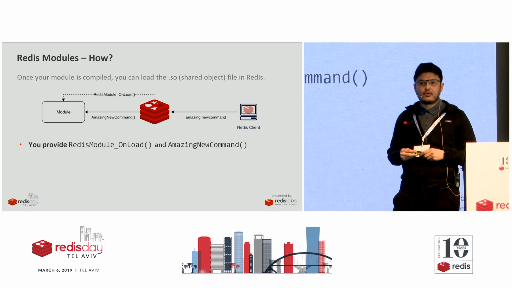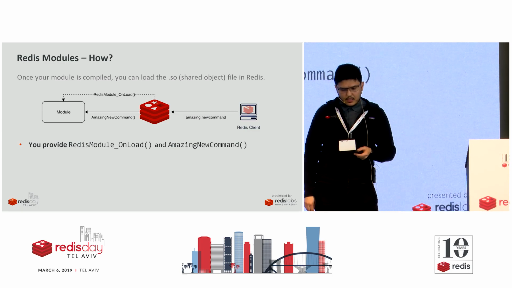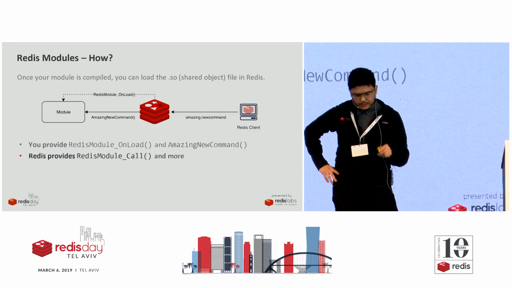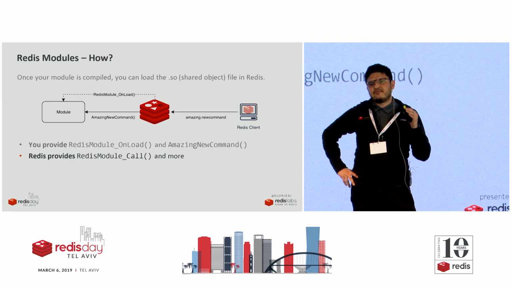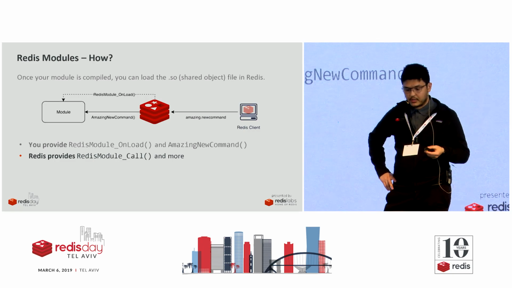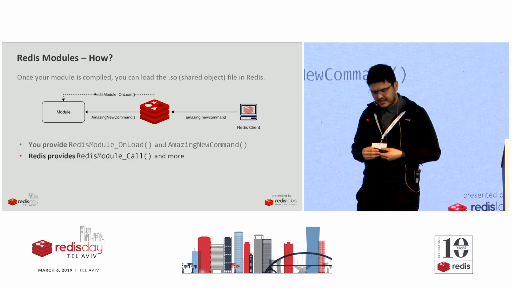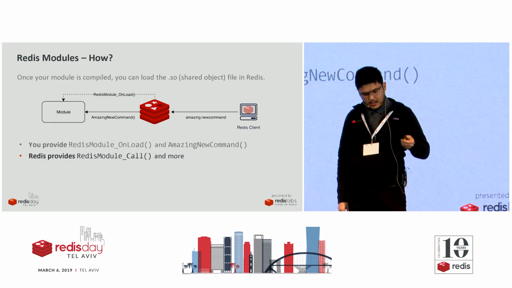One is Redis module onload, and the other is your amazing command. The Redis module onload function is, we could say, the entry point to your module. It is the one function that Redis will call when loading your module, and it's supposed to do the initial setup and stuff like that, while your amazing command does whatever you want it to do.